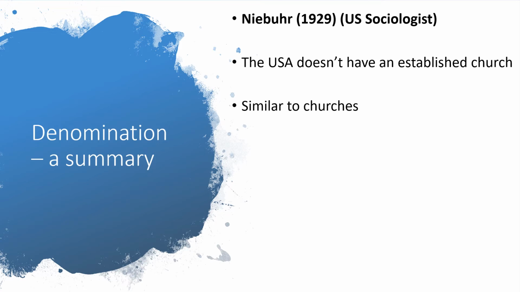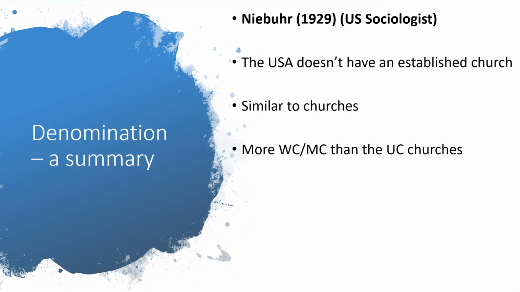So they are similar to churches in terms of their beliefs and structures, but they generally just tend to be a bit smaller. And their membership, where churches tend to have quite an upper class membership, they tend to be the more well-off people in society, because it maintains the status quo, it keeps things going.